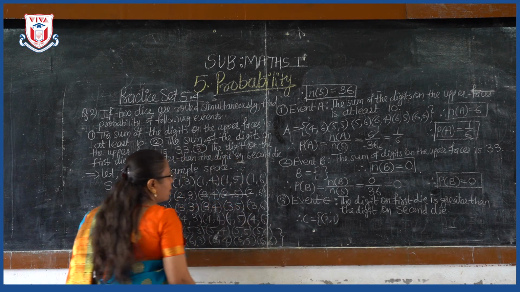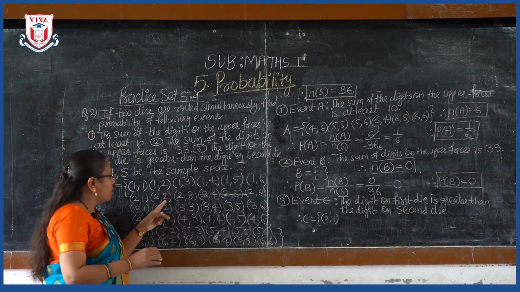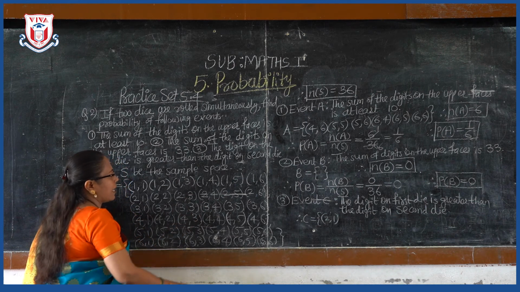Next 2 2 we can't select because both are equal, and here the first digit is smaller than second digit.